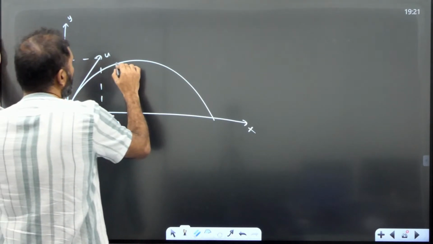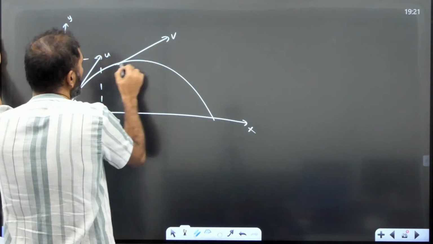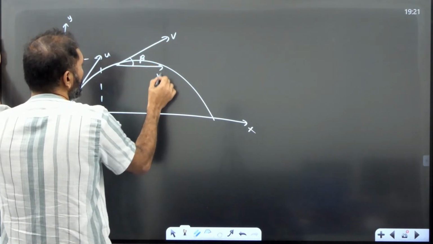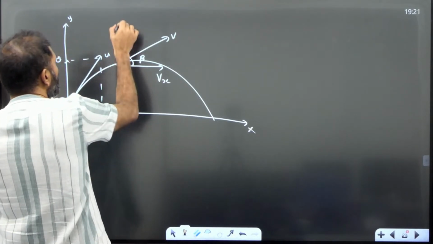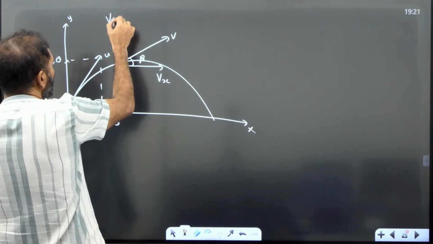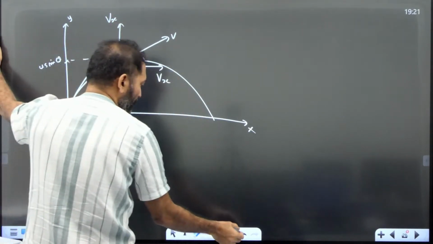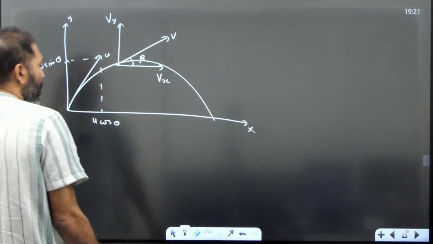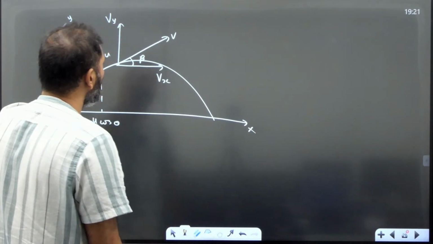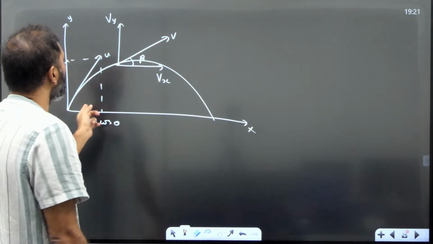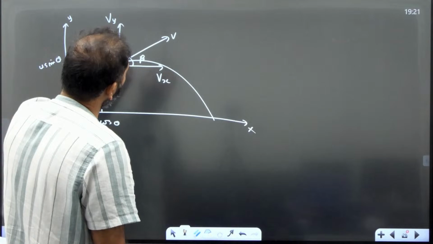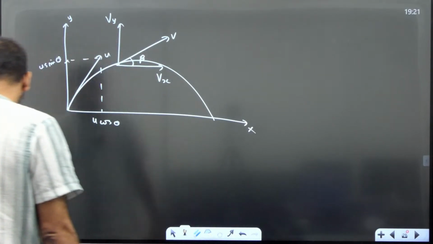At any later time, suppose velocity v makes an angle beta with the horizontal, then this is vx, this is vy. What is vx? Horizontal component. What is vy? Vertical component. Why is it v here and u there? Initial velocity is represented by u and the velocity after time t is represented by v.